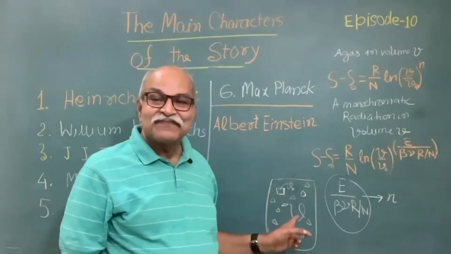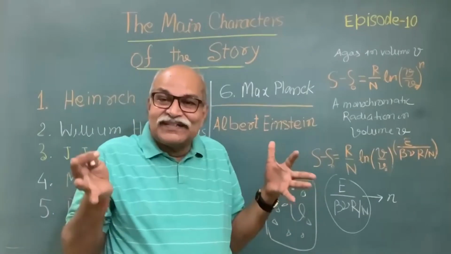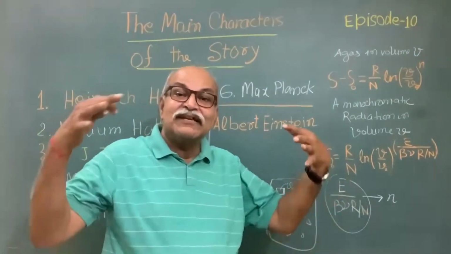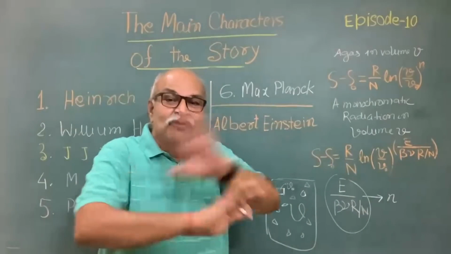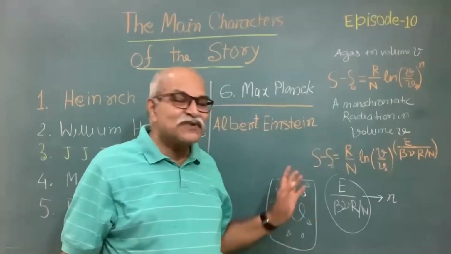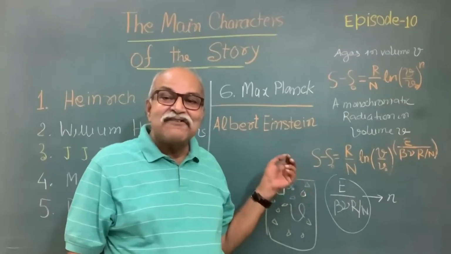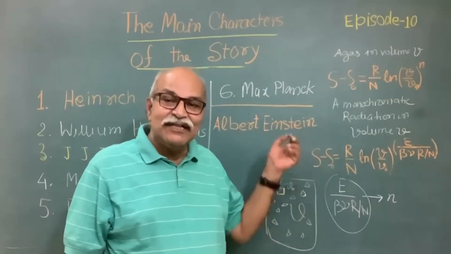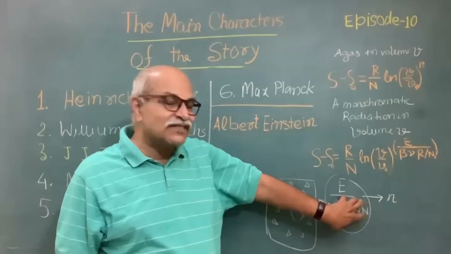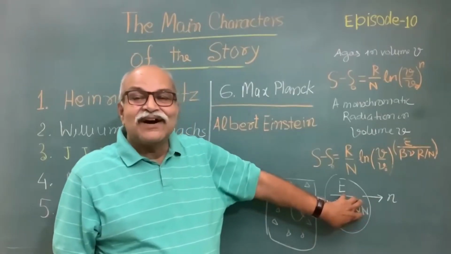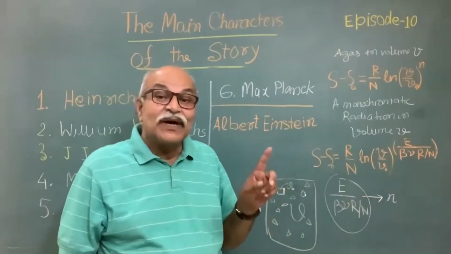Capital E is the total. So the whole energy of this electromagnetic wave is not continuously distributed over the volume, but it is confined at certain definite locations, a finite number. How much is the number? Is this? These are your energy quanta.